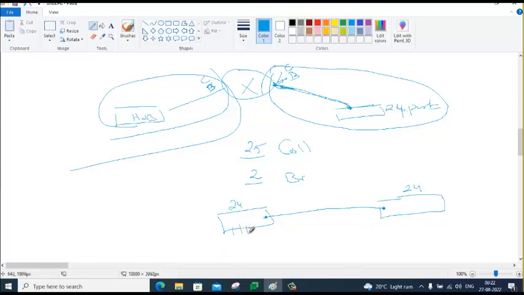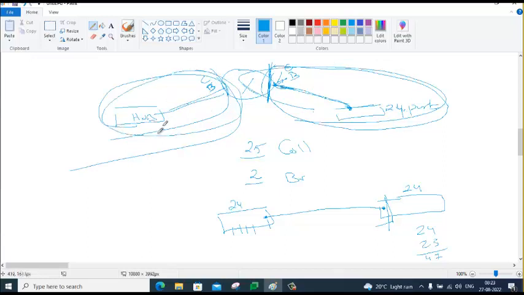Here 23 ports plus this 24 goes up to here, so this is 24, remaining 23. So we got 47.